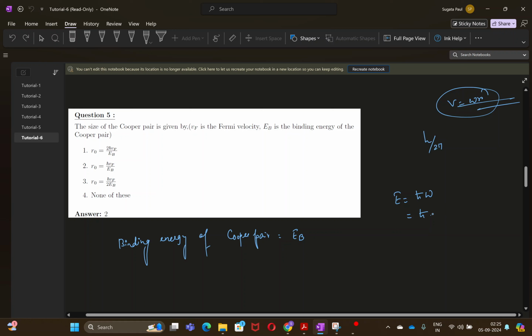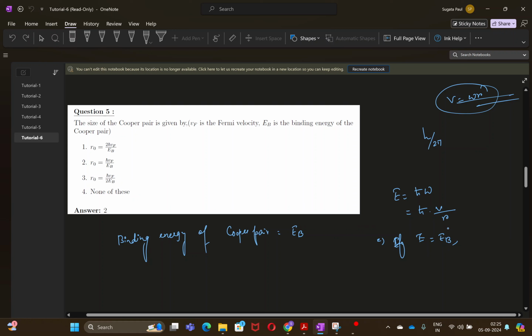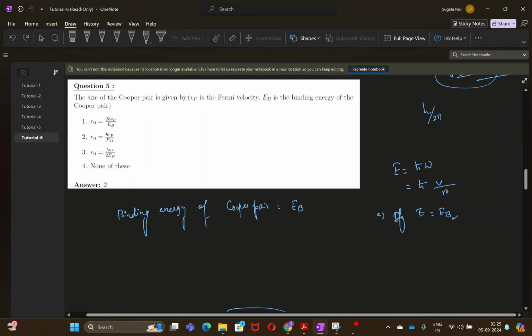So h cut omega means h cut into v by r. Or in other words, if this E is equal to Eb, then this r can be the effective length of the Cooper pair. So Eb times, let's say r equal to r naught in this case, equals h cut Vf.